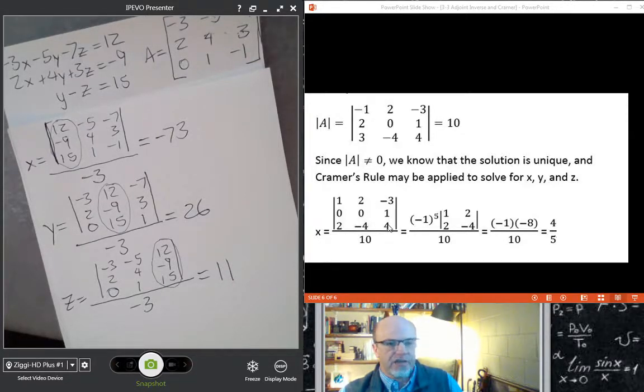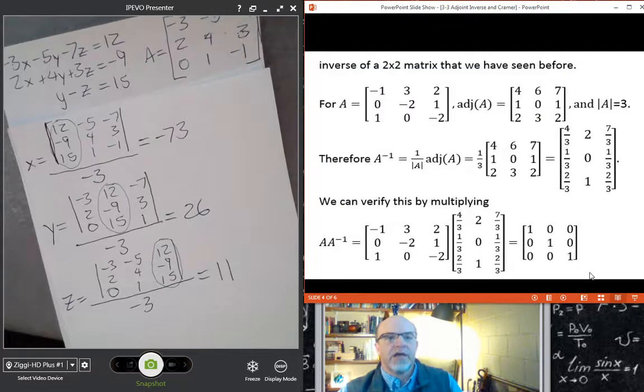Feel free to use your calculator, crank through the determinant, and you can always check your work on the inverse using your calculator as well, but it is important that you know how to use the adjoint method for calculating inverses, as well as Cramer's rule for calculating x, y, and z.